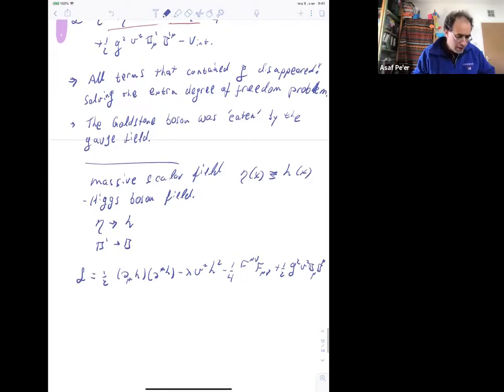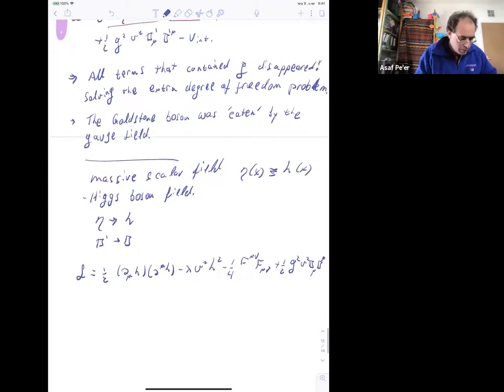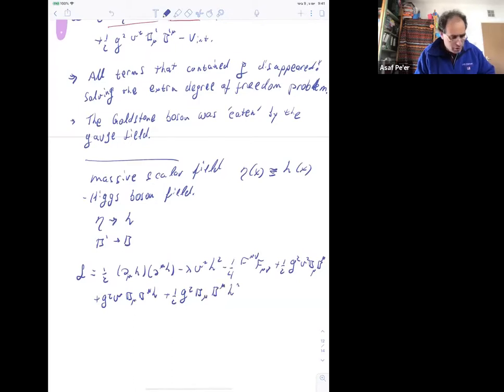Let me write down the interaction terms explicitly. That gives plus g squared V B_μ B^μ H plus 1/2 g squared B_μ B^μ H squared minus lambda V H cubed minus 1/4 lambda H to the 4.